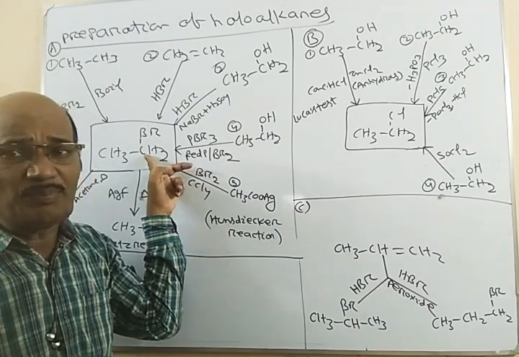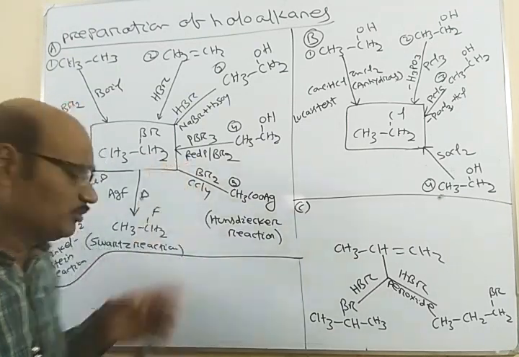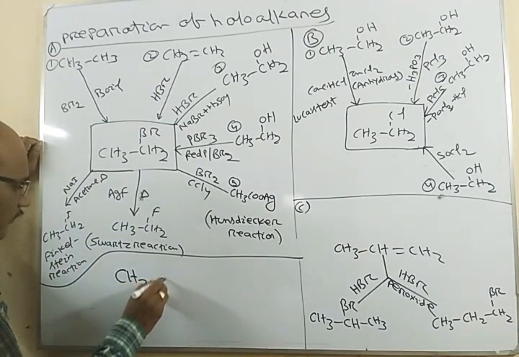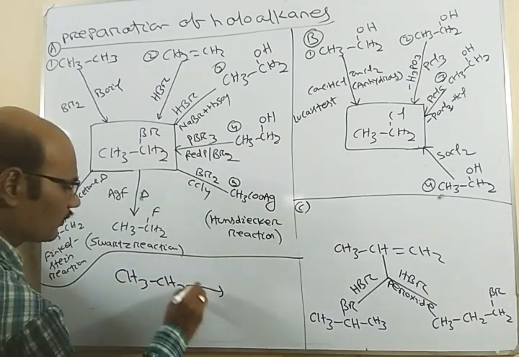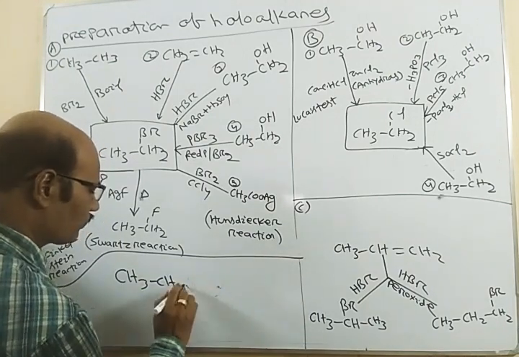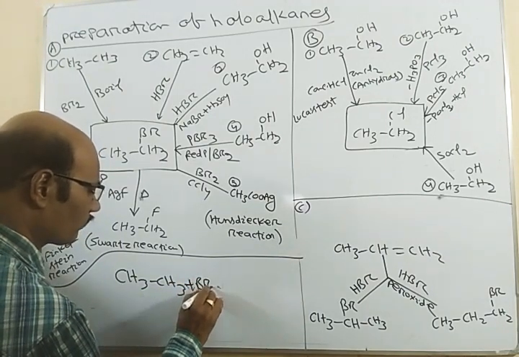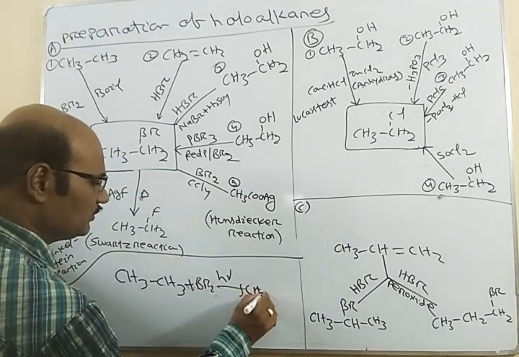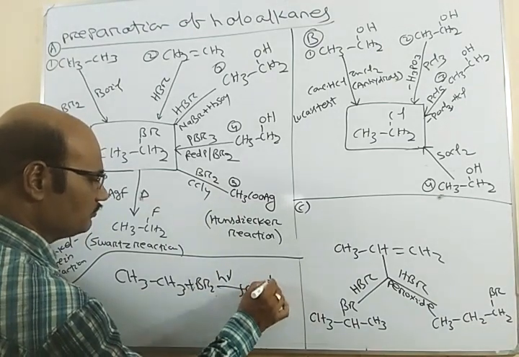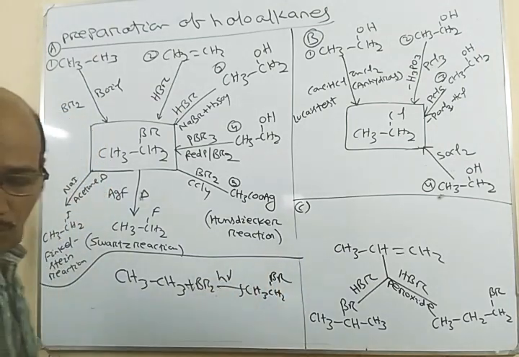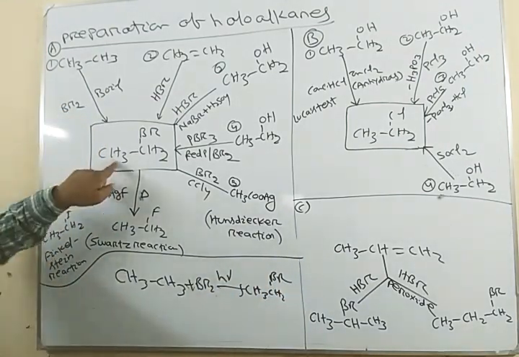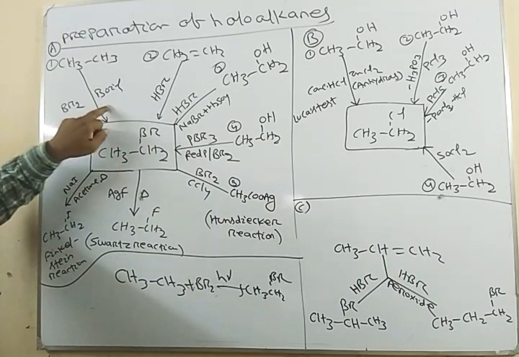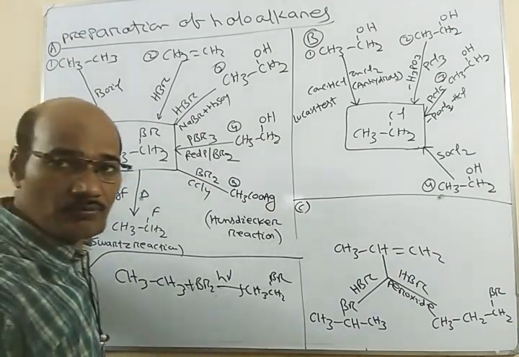Also, we can prepare it with hv. CH3CH3 plus Br2, hv, I can get CH3CH2Br. So ethyl bromide can be prepared from ethane by boiling with bromine.